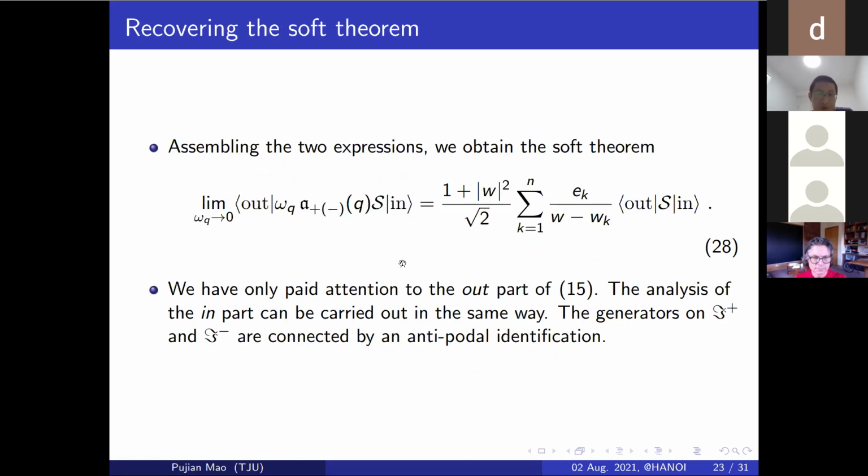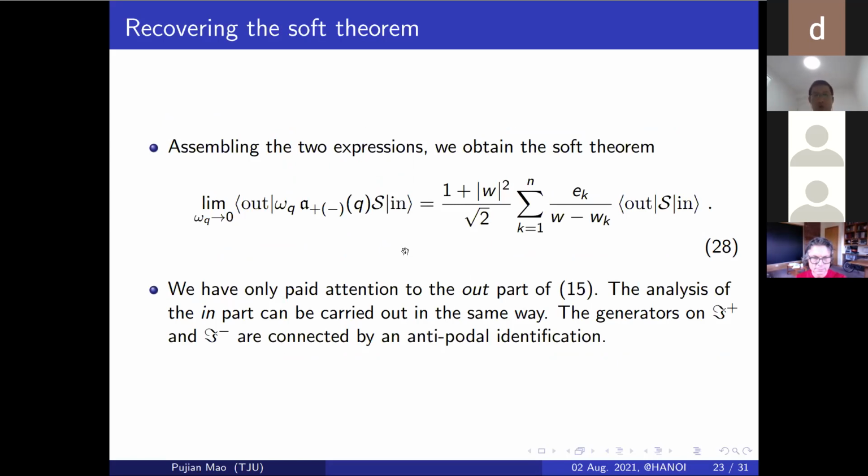And the next step is just assembling the two expressions. You can just recover the soft theorem. And as I mentioned previously, we only pay attention to the out part, while everything can be done similarly for the in part plus an antipodal identification.